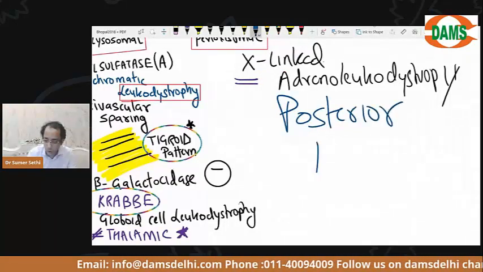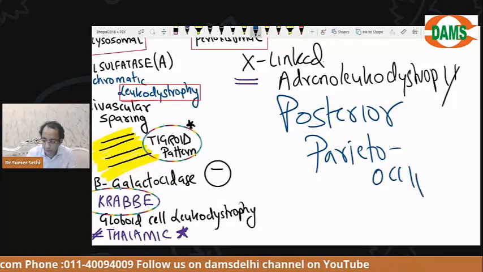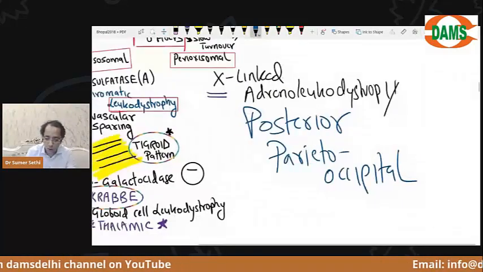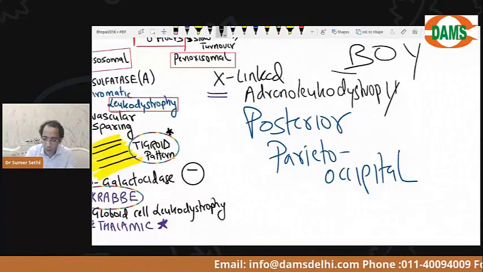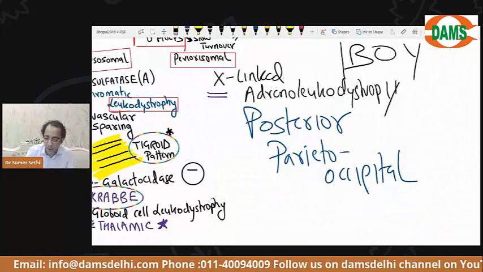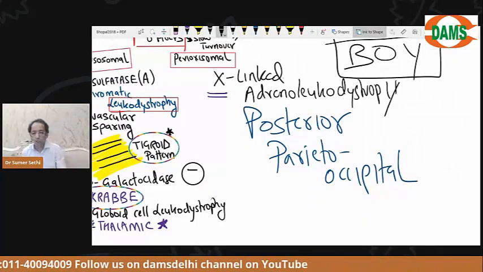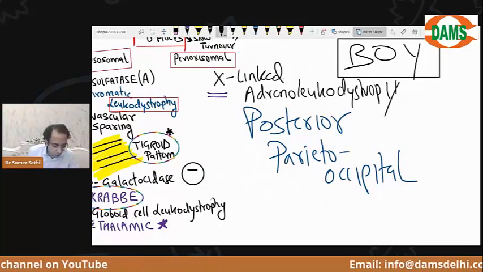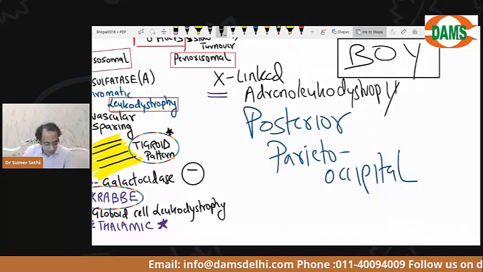So you will see parieto-occipital involvement. And typically, the question will say boy. It will not say child, they will say boy. Tell me why. Because the disease is X-linked. They will say a boy with developmental delay, and the MRI will show parieto-occipital involvement.